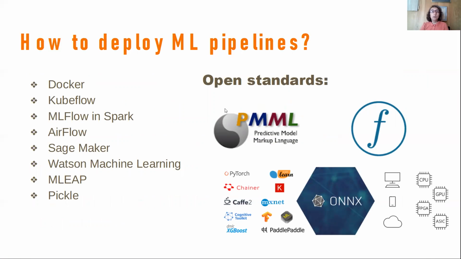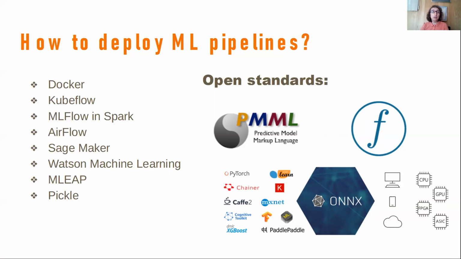And how do we deploy machine learning pipelines? Well, there is, of course, Docker, and with Docker, it's kind of easy to deploy various things, but then Docker is not 100%. Well, in many cases, it is very convenient, but in some platforms, you cannot just use it, or it's not appropriate.